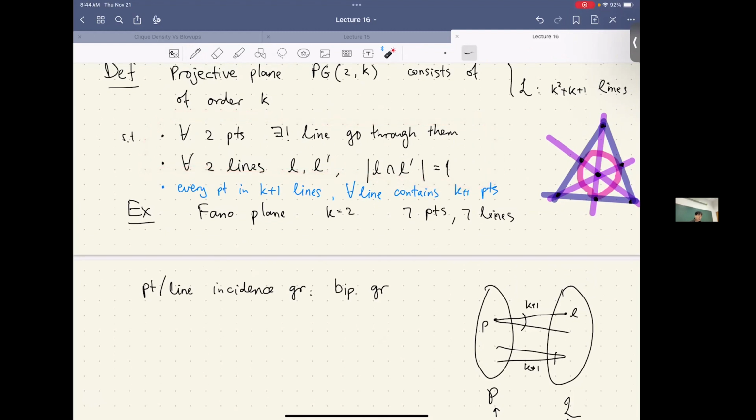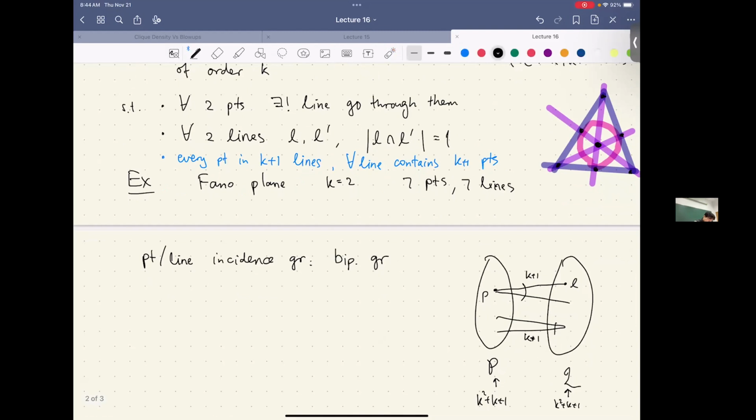Can anyone tell me? Every 2 points, there exists a unique line going through them. And every 2 lines, there exists a unique intersection point. This implies the incidence graph is C4 free. Okay, why is that?